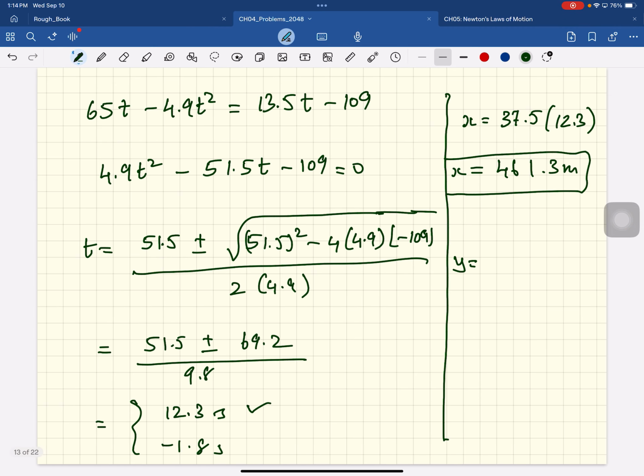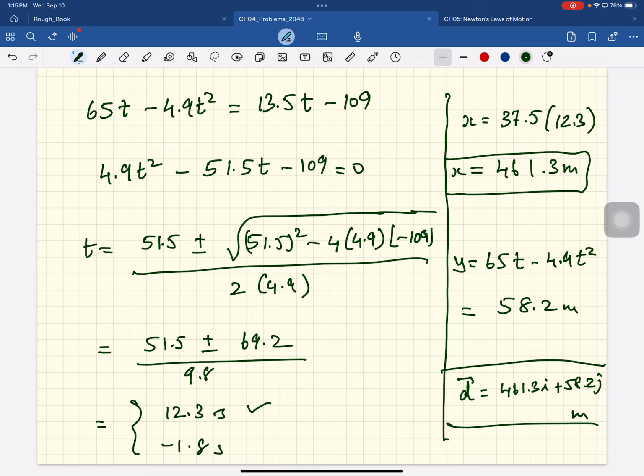It's 65t minus 4.9t squared. So that's where it's located. So there's the position vector.